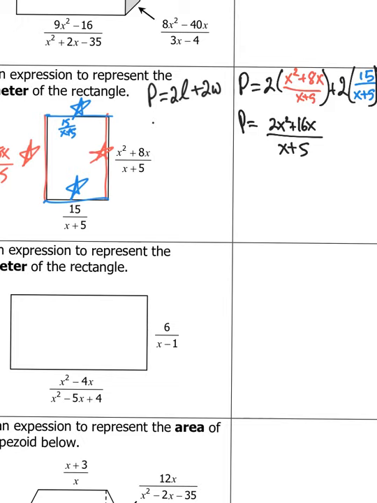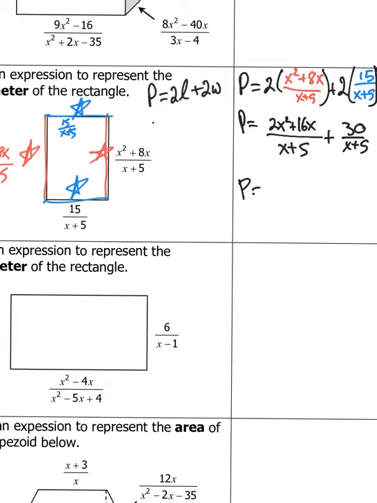So what you do when you're multiplying, and hopefully you remember this, is you just do 2 over 1, and then you multiply the top and keep the bottom the same, just like we did here, okay? The second one would be 2 times 15, which is 30 over x plus 5.